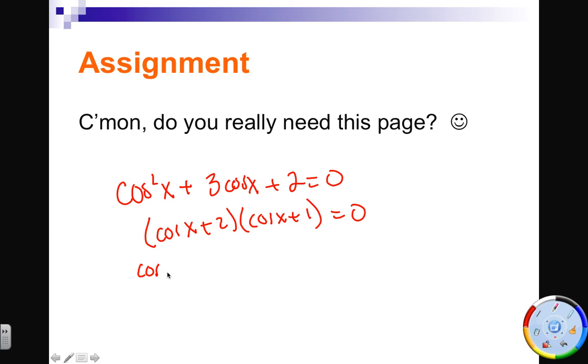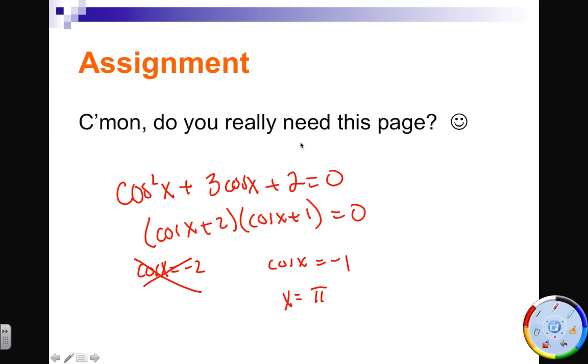And there's some things that come up with this. So if you said cosine of x equals negative 2, cosine of x equals negative 1, you'll notice that cosine of x is never negative 2. So there's no solution on this side. And cosine of x here equals negative 1. This is when x is equal to pi.